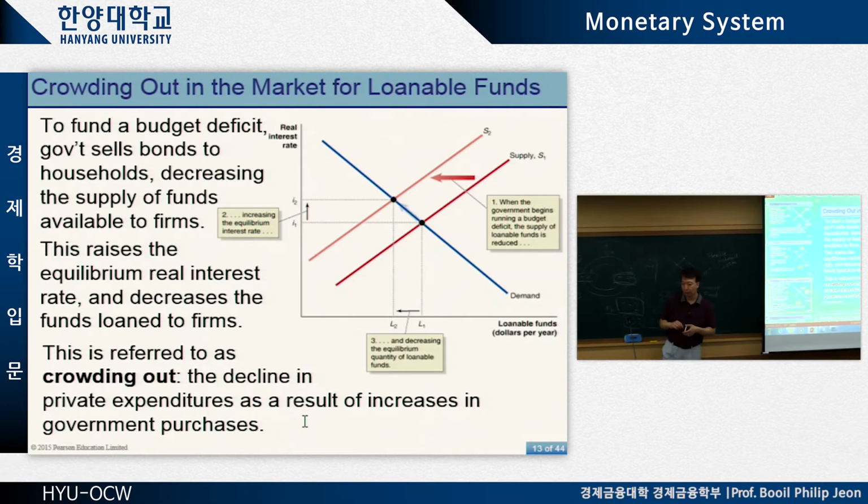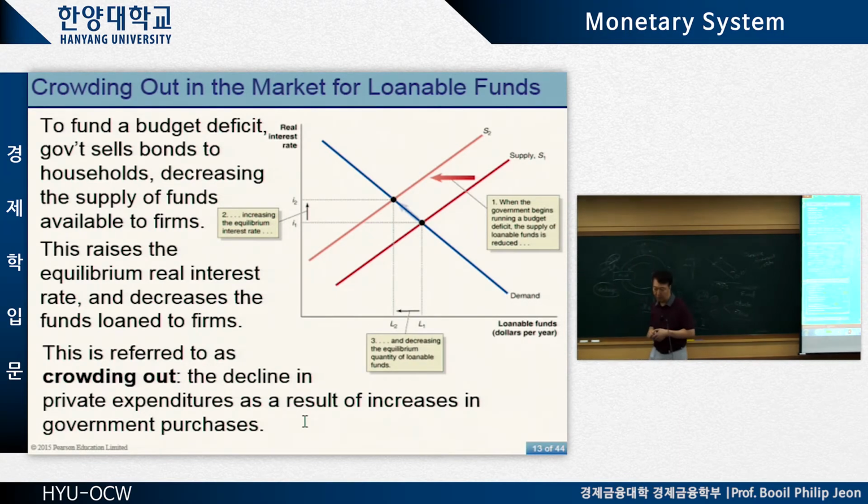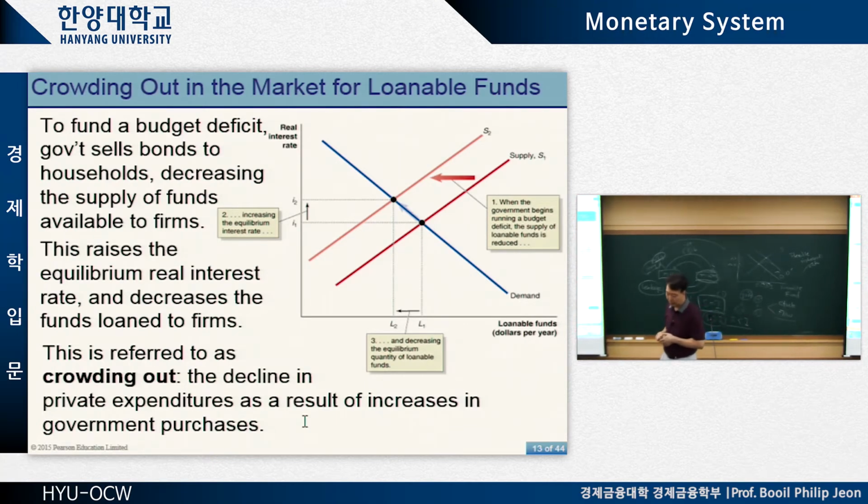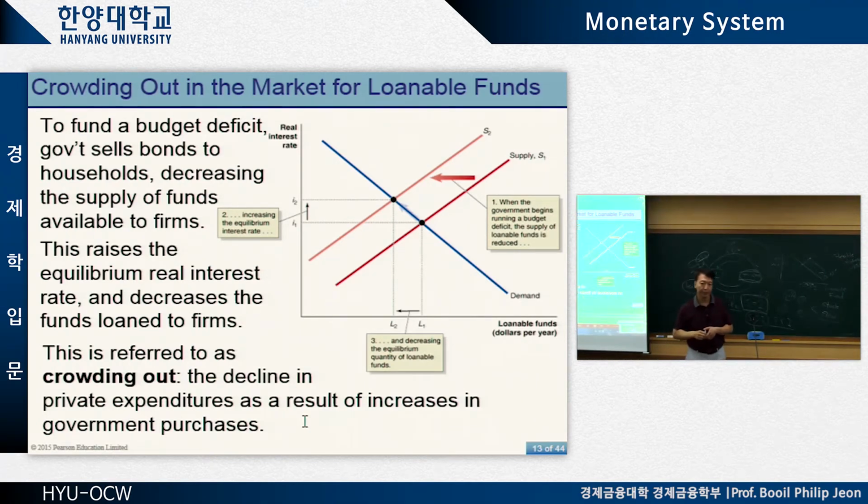After chapter 15, you're going to have a pretty good idea about how the economy works. You should be able to explain all the phenomena that happen in the economy. So after chapter 15, the rest of the semester will be devoted to policies. We'll actually talk about economic policies.